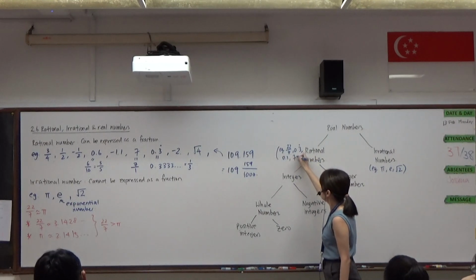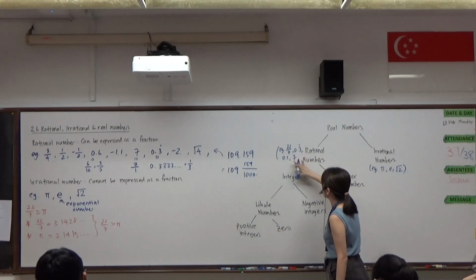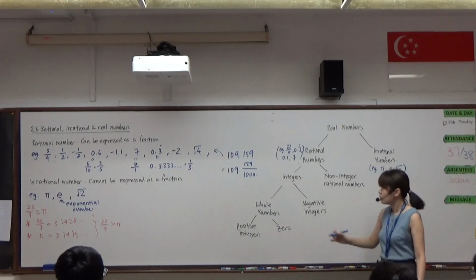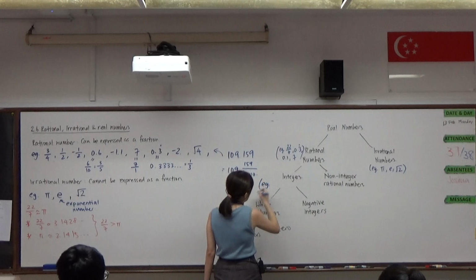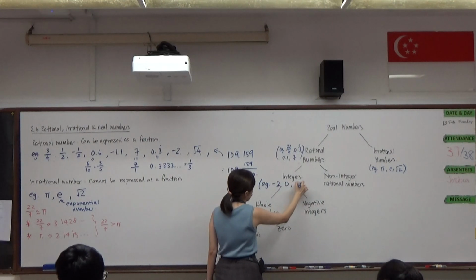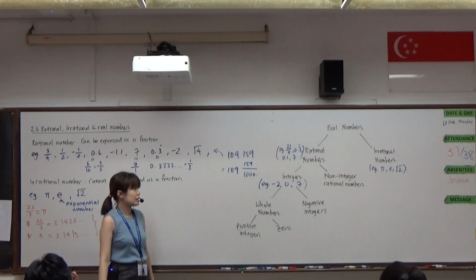We even have whole numbers. Then integers, we also have numbers such as -2, 0, and 7. Those are integers.